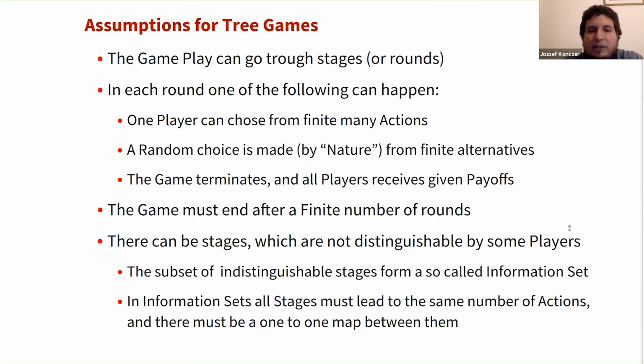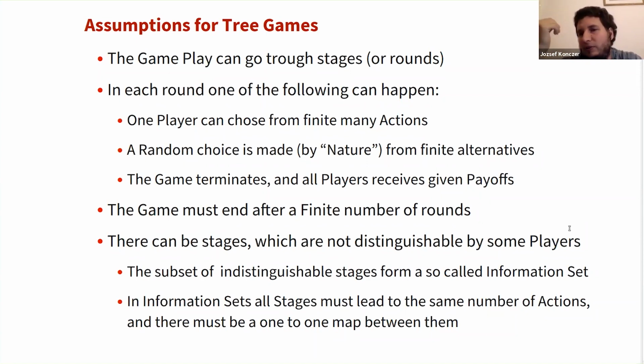And there can be stages which are not distinguishable by some players, meaning that a subset of indistinguishable stages forms a so-called information set. So we want to be able to model simultaneous games as well, or games where a player is not sure what the other player did or in what kind of state the other player is.